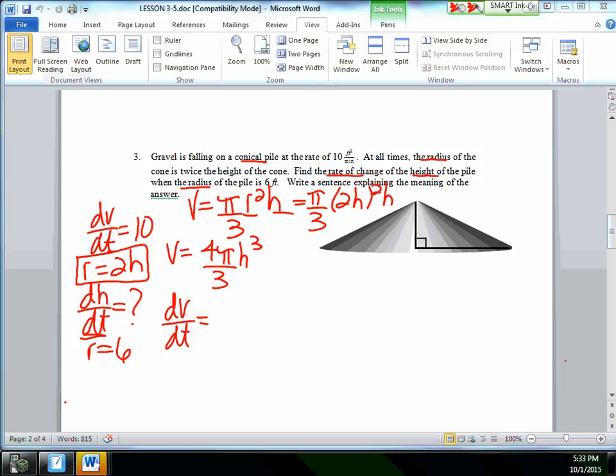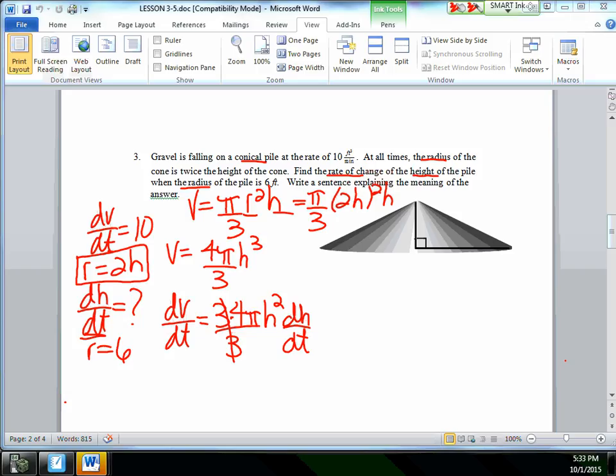The 3 comes in front. h squared all over 3. Took the derivative of h. Now I write dh/dt. My 3's go away. Now you can plug in what you know right now, or you can do it at the end. It doesn't matter.